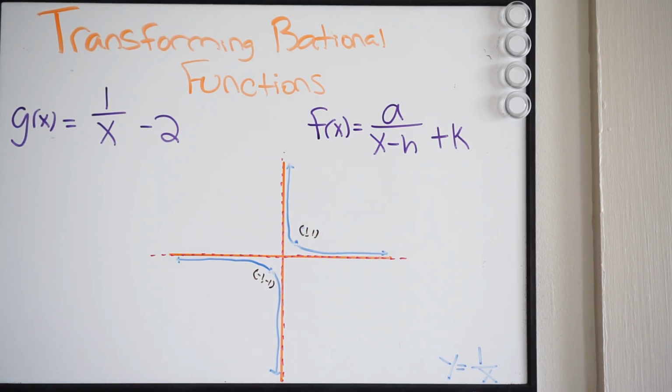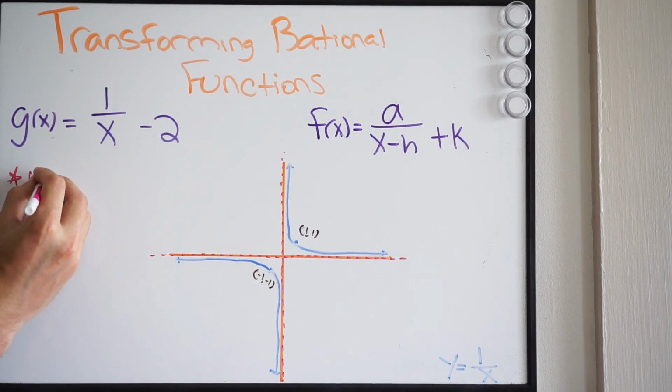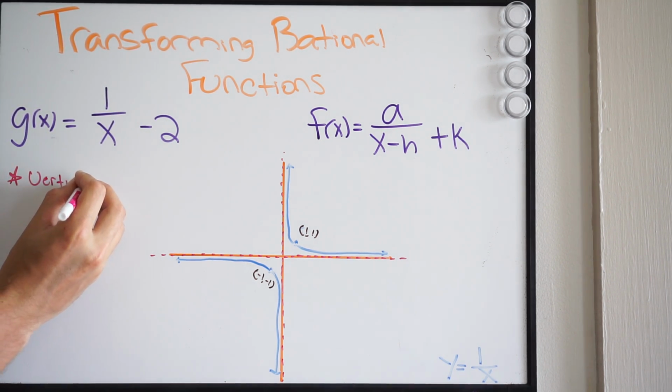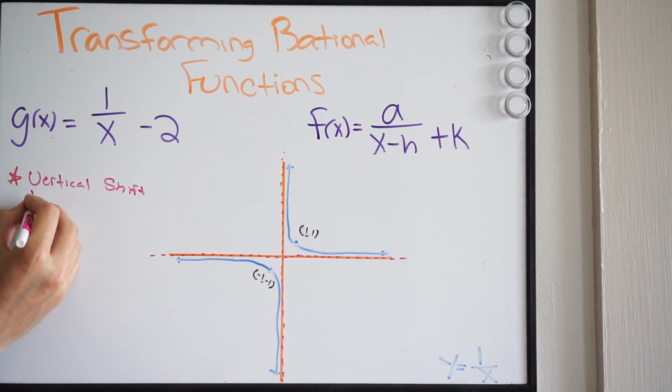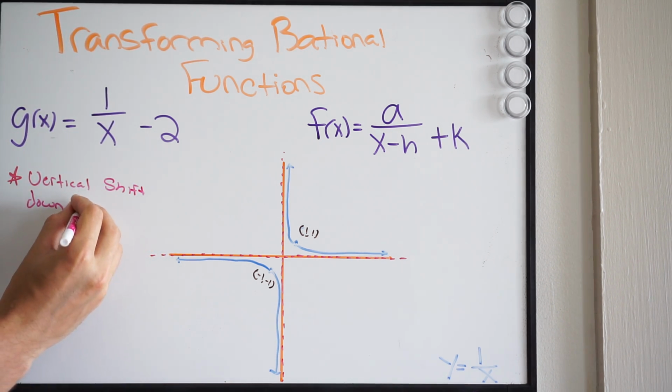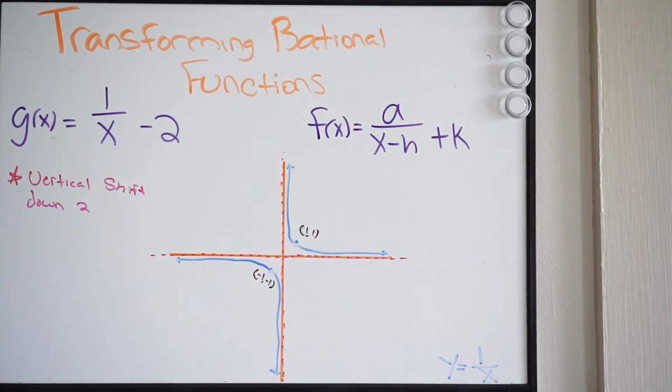So going from the parent function to this, this is going to be a vertical translation down 2. I'm going to shift this down 2. So this is a vertical shift down 2.